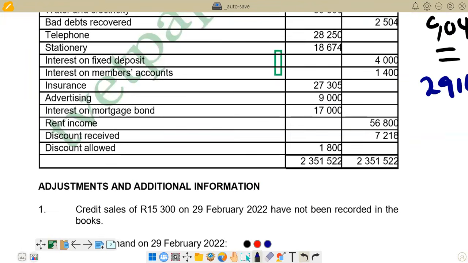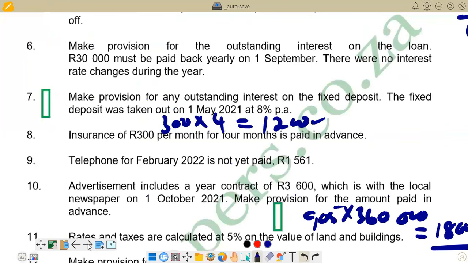After insurance, we've got advertising. The amount that we have is 9,000 for advertising. We check the adjustment in terms of advertising. We've got here that advertisements include a contract of 3,600 with the local newspaper on 1 October 2021; make provision for the amount paid in advance.